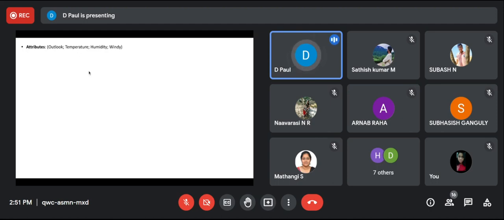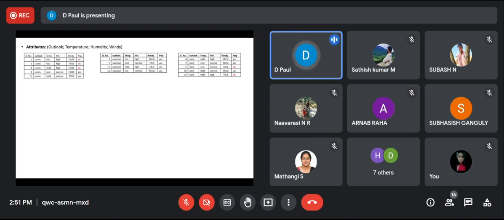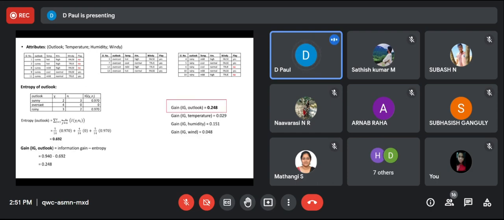So we are going to calculate for these. Under outlook, we have sunny, then overcast, then rainy.